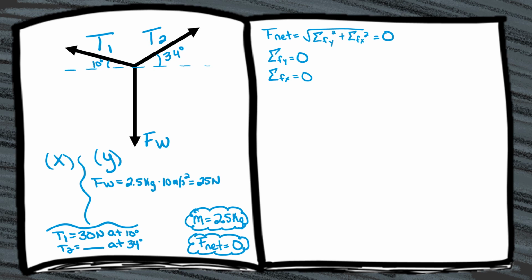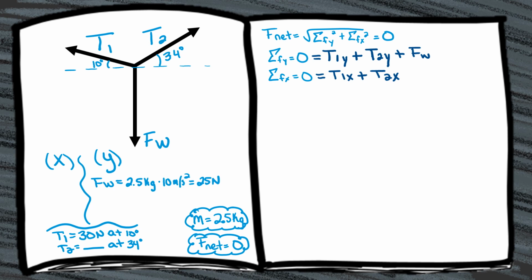In this case, that would be tension number 1, y component, plus tension number 2, y component, plus the force weight. Now, all of the forces on the x-axis are added up, and the sum of the forces on the x-axis equals tension number 1 on the x-axis plus tension number 2 on the x-axis.